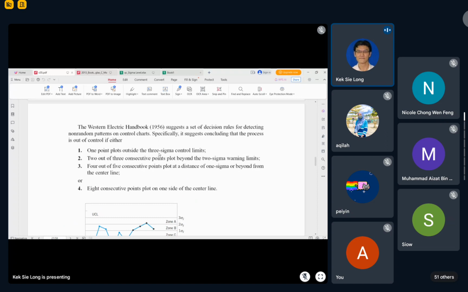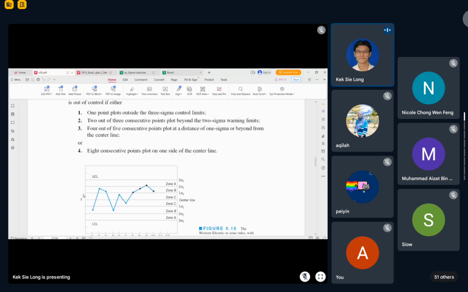1 point plots outside the 3 sigma control limit. 2 out of 3 consecutive points plot beyond. 4 out of 5 consecutive points plot beyond. This is just to explain what we can see physically from the control chart. And these are the 4 sentences.